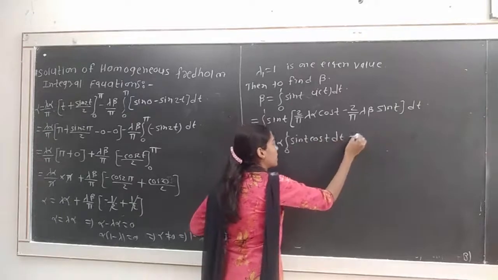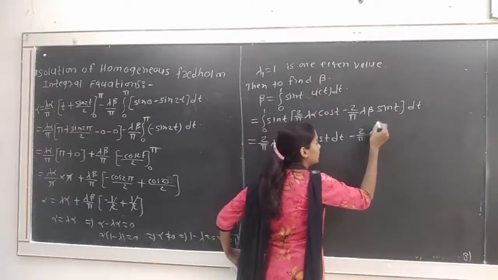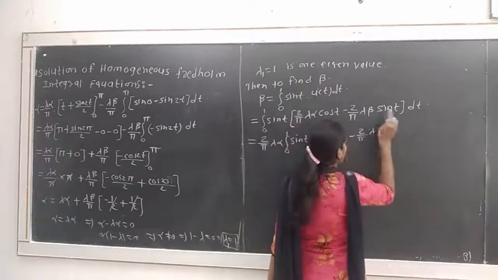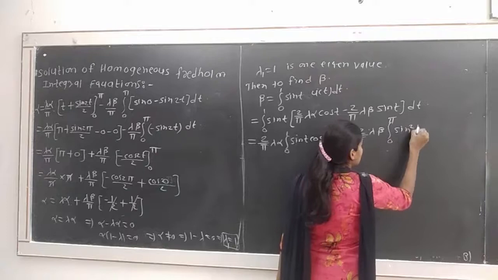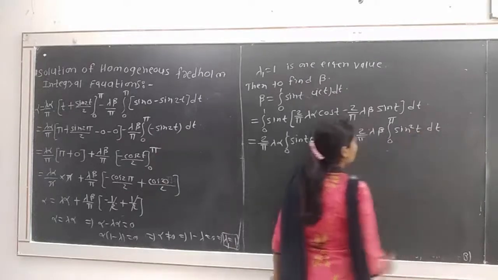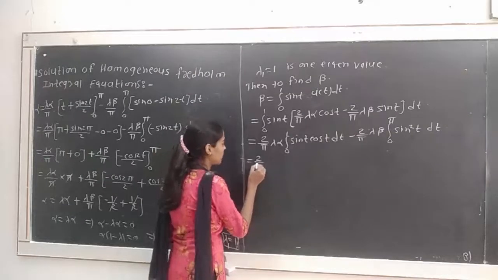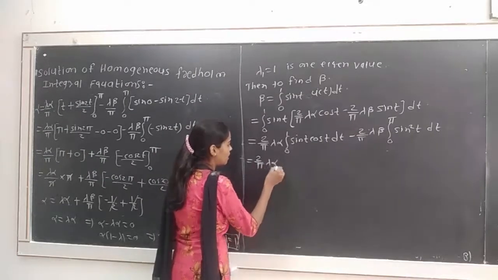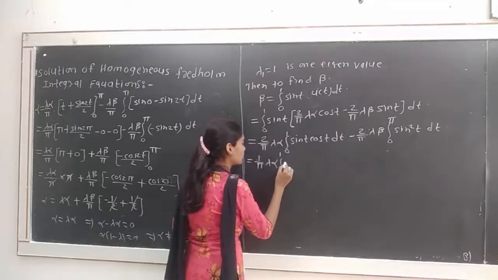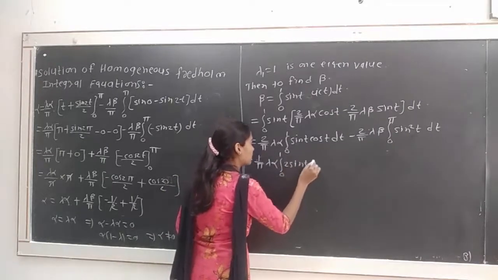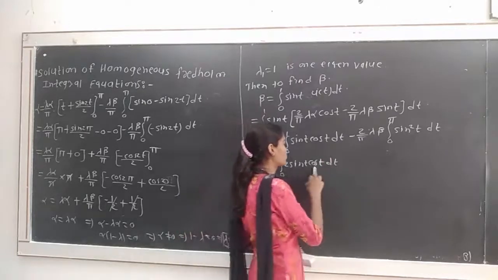Then minus again 2 by pi lambda beta, sin t becomes sin square t, so 0 to pi sin square t into dt. Then we want to solve this integral, so 2 by pi lambda alpha, or we adjust these two in integration, so 0 to 1, 2 sin t cos t dt, because we have to use again the formula of 2 sin a cos a.